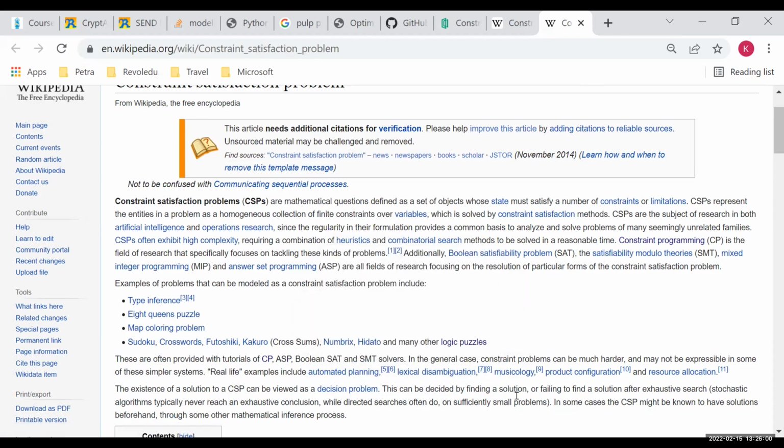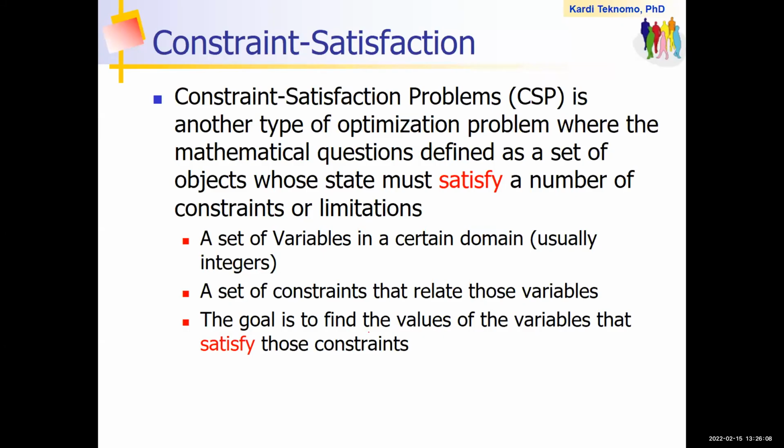In my slide, I give a very simple example of grid arithmetic. In this case, you have a set of variables and a set of domains with a set of constraints. Now the goal is not just to minimize or maximize, but to find the values of those variables that satisfy those constraints.